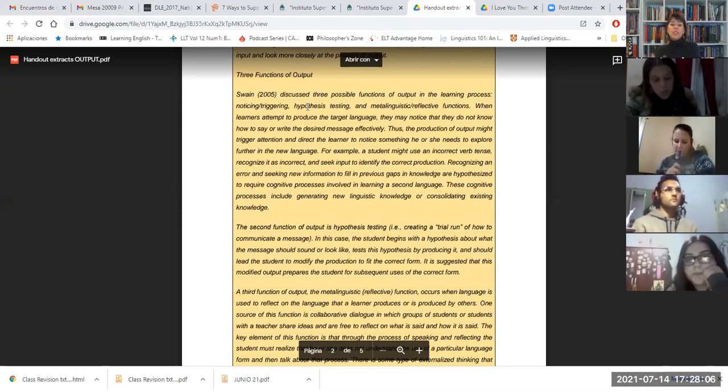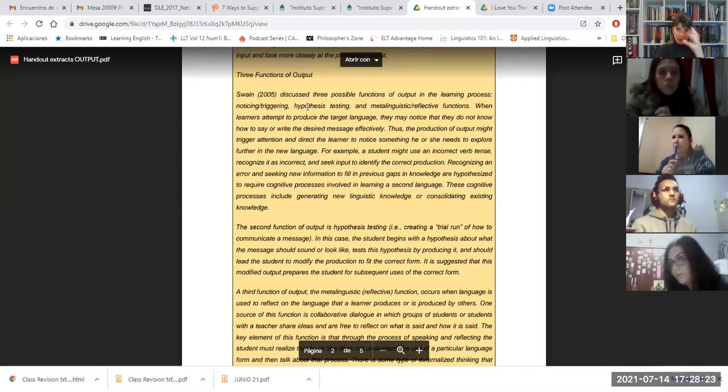And then, of course, this idea of hypothesis testing. And of course, the meta-linguistic, or the reflection. This idea of saying, okay, what is it that I am doing? Students, even if they are very, very young, do this. They think about it all the time, not consciously.